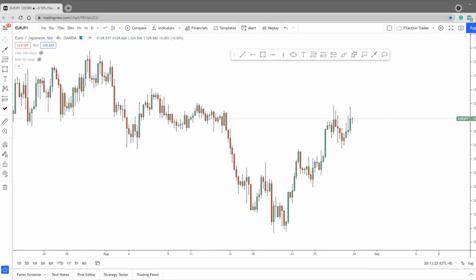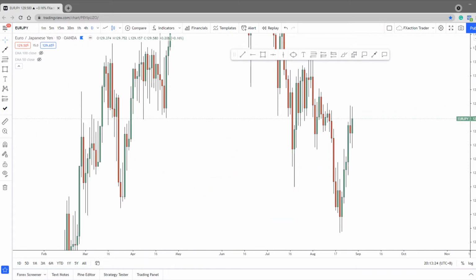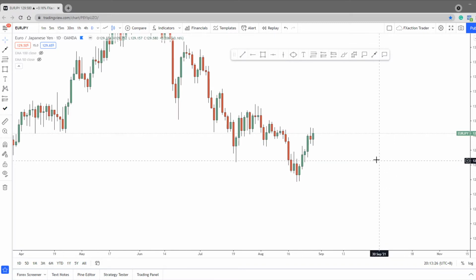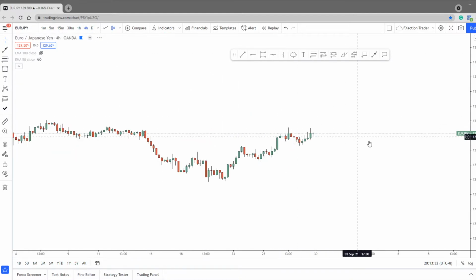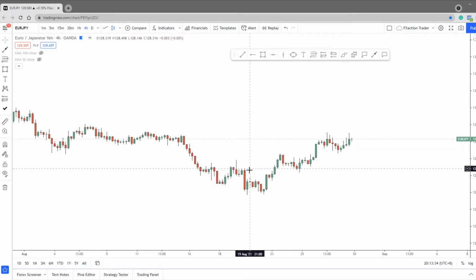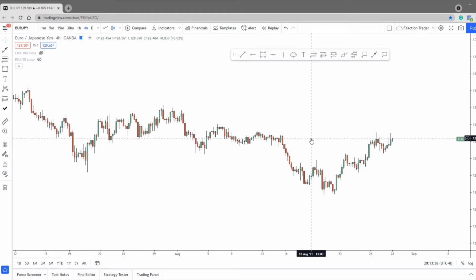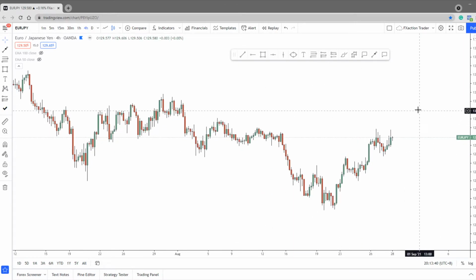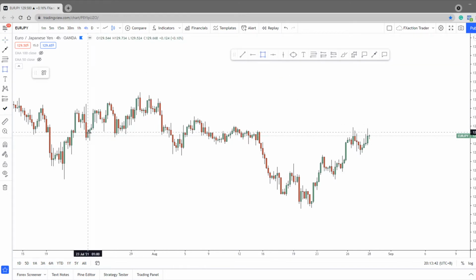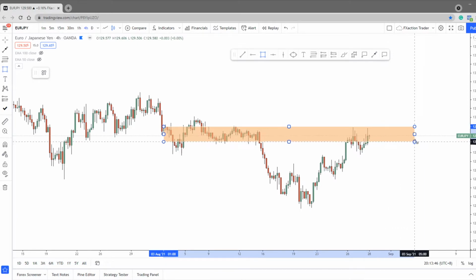So let us move to the yen pairs. For Euro Yen, we are still in a bearish sentiment. Market is still quite bearish, although we see that market was doing a pullback last week, which is a short-term buy trend. But for me, market is now at the key level or the resistance zone on the H4 chart.